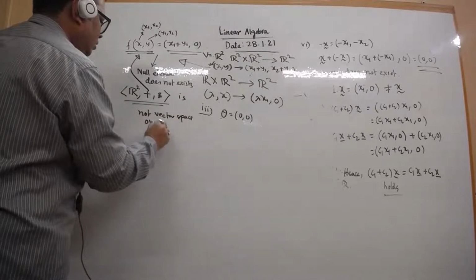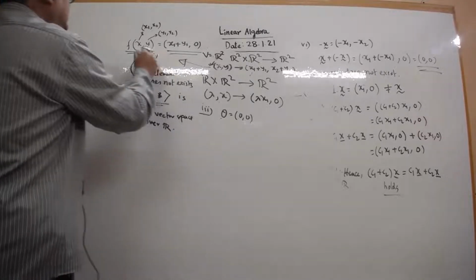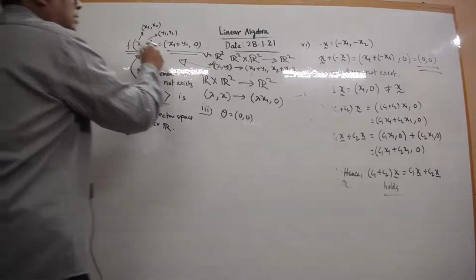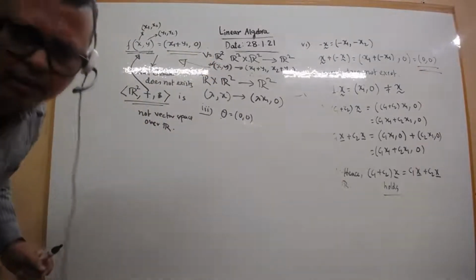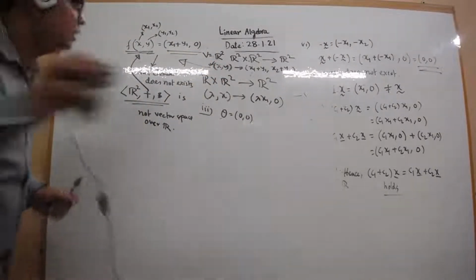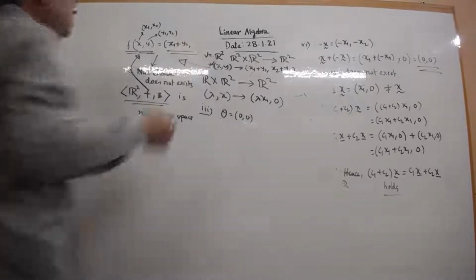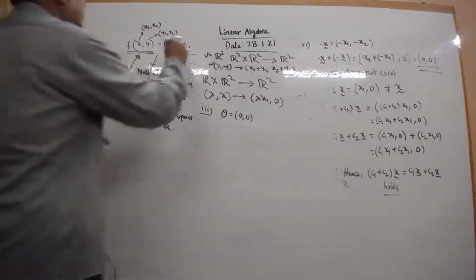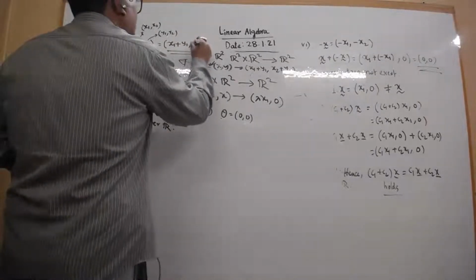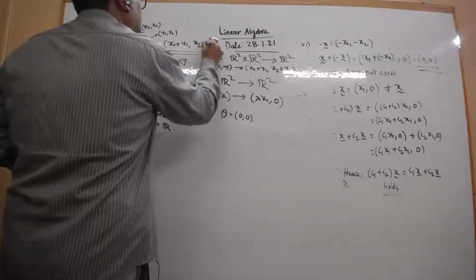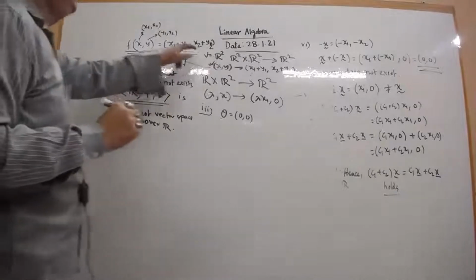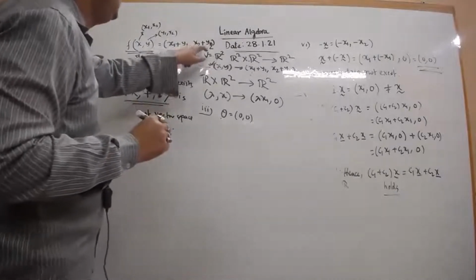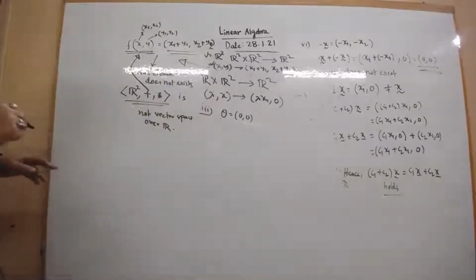Now I change this addition function and define the addition as follows: first component x1 plus y1, and the second component is x2 plus y2.